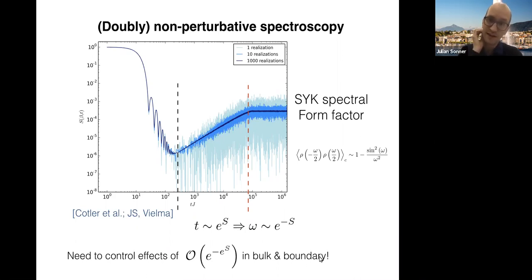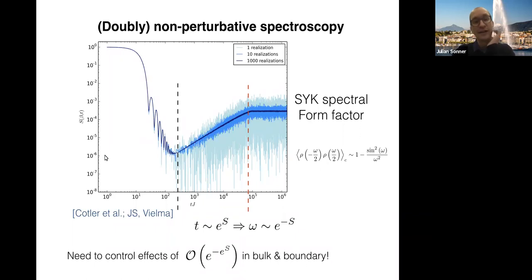What I want to say is that this EFT is precisely good in that regime. It is able, first of all, to work fully non-perturbatively in e to the minus S, but it is also able to see effects that are of this size. And I want to emphasize it's able to see these effects analytically.